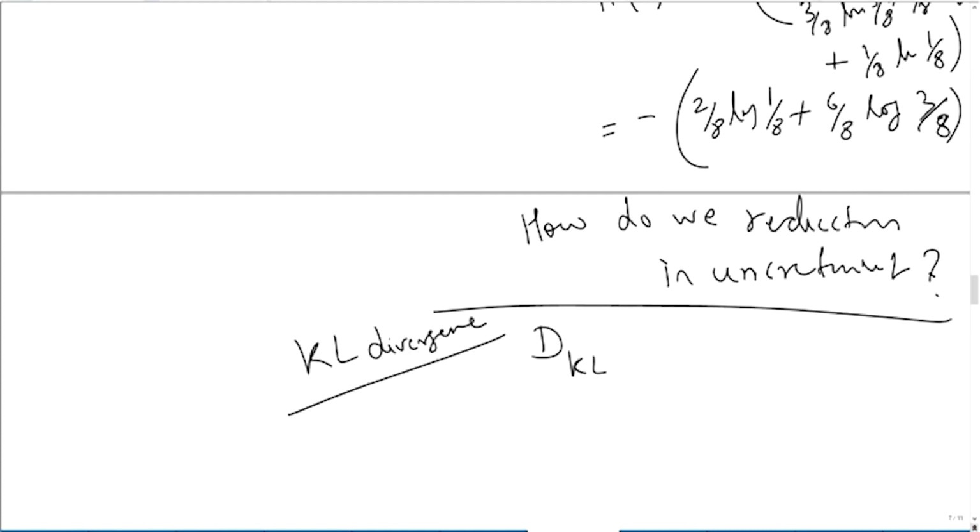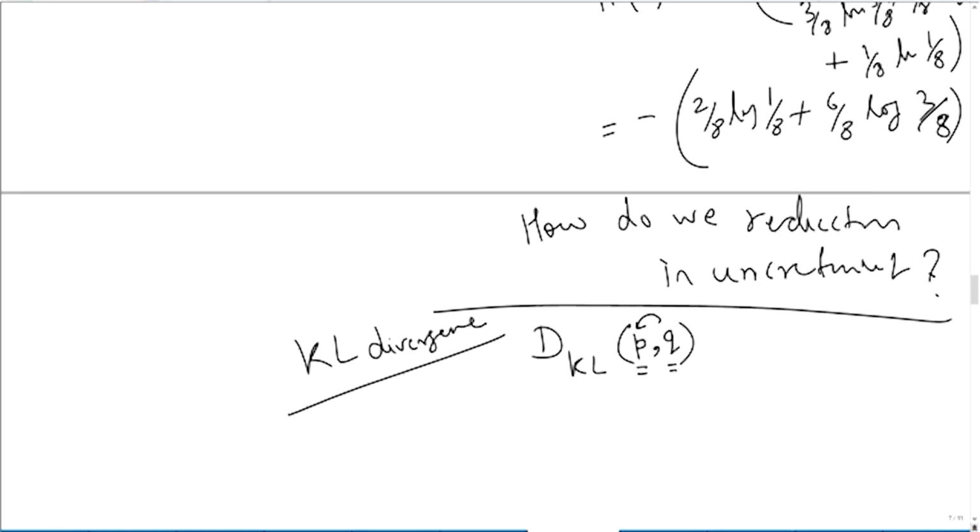What KL divergence tells you is how much uncertainty is induced when you try to predict a distribution P using probabilities from distribution Q. So, basically if you use this distribution Q to predict P, then how much uncertainty is induced. That means how much uncertainty increases. So, this is not directly giving you a measure of reduction in uncertainty, but the totally opposite thing, the measure of increase in uncertainty.